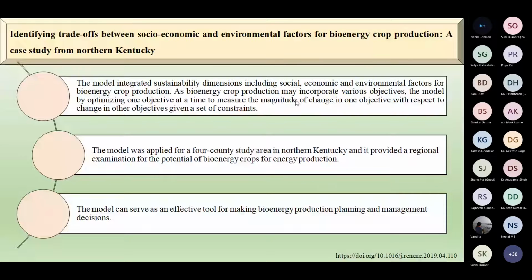They found that by integrating sustainable dimensions like social, economic, and environmental factors for bioenergy crop production, it was applied for a 4 county study area in northern Kentucky, and it provided a regional examination of the potential of bioenergy crops for energy production. And this model can serve as an effective tool for making bioenergy production planning and management decisions.